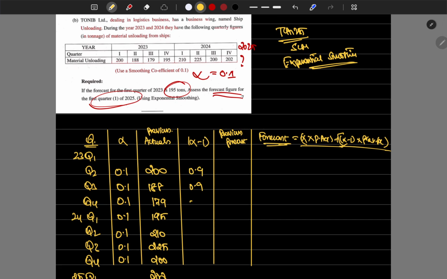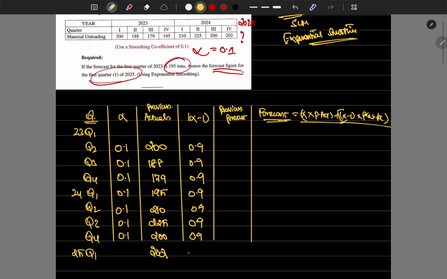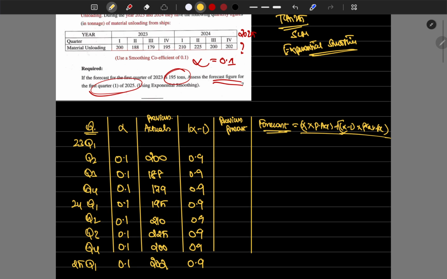I am giving more weight to my previous forecast, believing more in it; that's why I'm giving 0.9 high weightage. In the question, the previous forecast is 195.